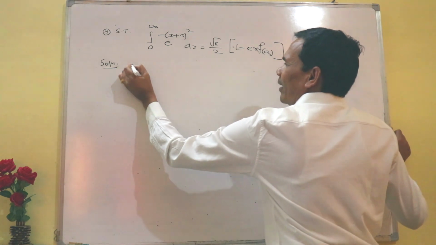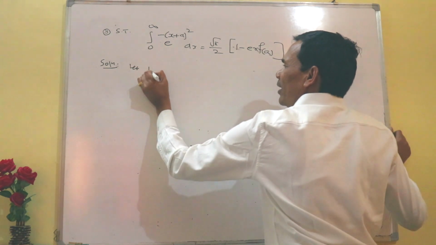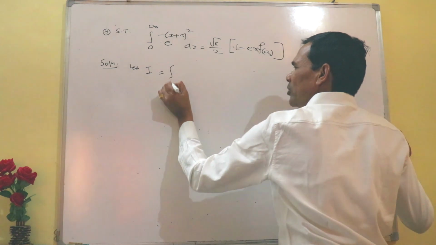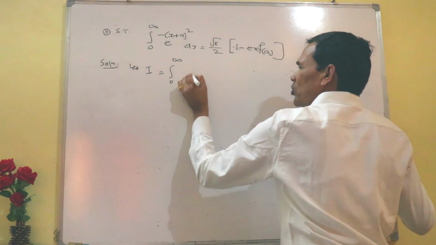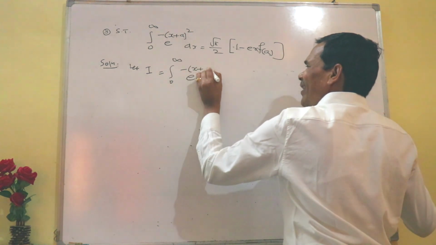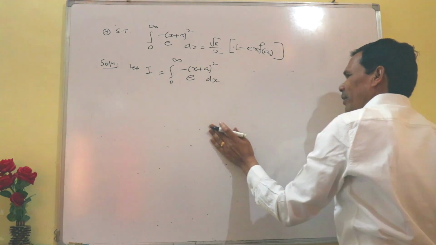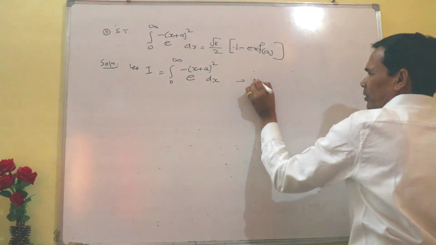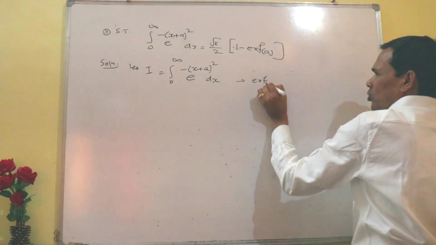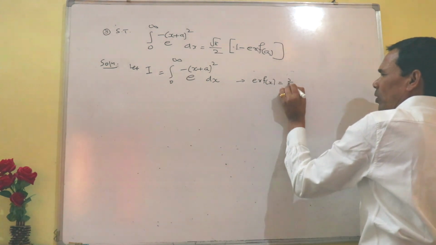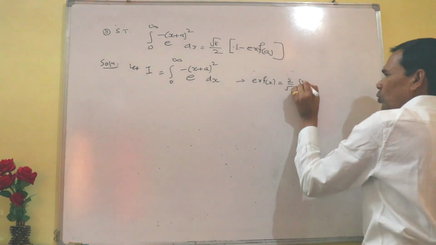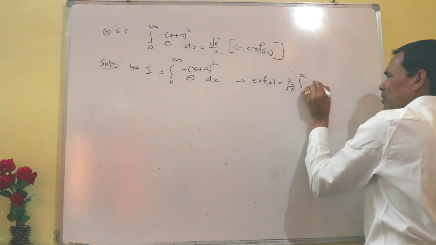Let I be the integral on the LHS, from 0 to infinity of e raised to minus (x plus a) square dx. Now what is the technique? If you observe the error function of x, it is 2 upon root pi times the integral from 0 to x of e raised to minus t square.